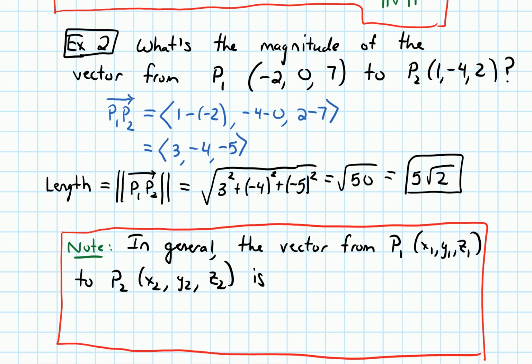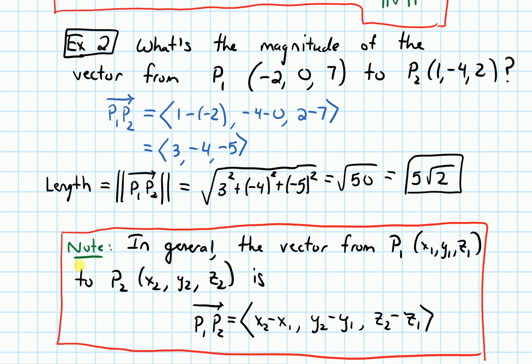In general, that formula would be, for the vector P1P2, in component form: the second x coordinate minus the first x coordinate, comma, the second y coordinate minus the first y coordinate, comma, the second z coordinate minus the first z coordinate. So that is a formula for the vector starting at P1, ending at P2 in general.